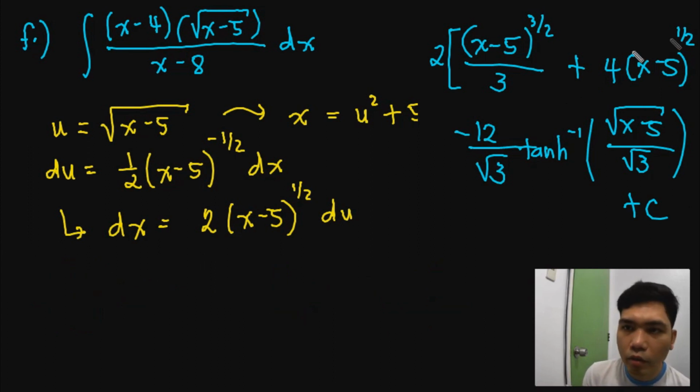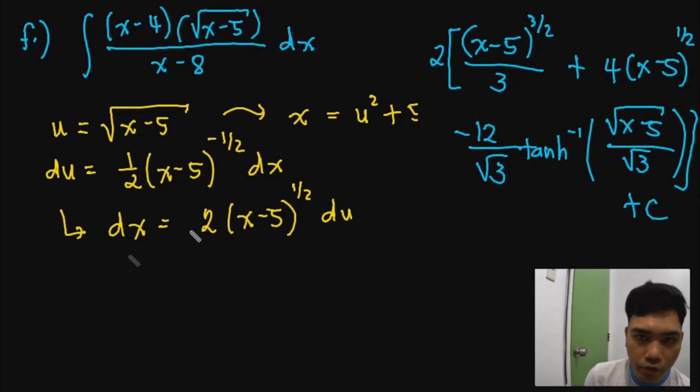Now you can always factor out x minus 5 here for simplifying further. So let me just do that. So I can take out x minus 5 in this expression. So that is x minus 5 raised to 1 half.